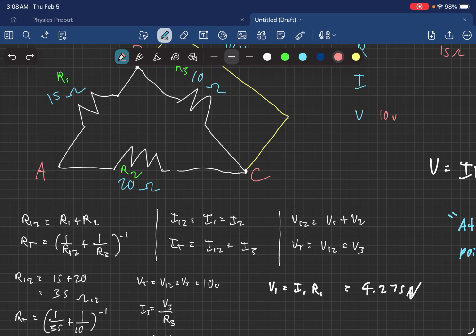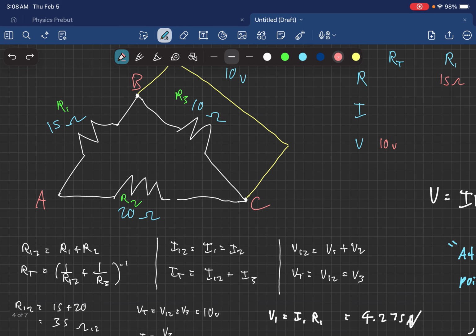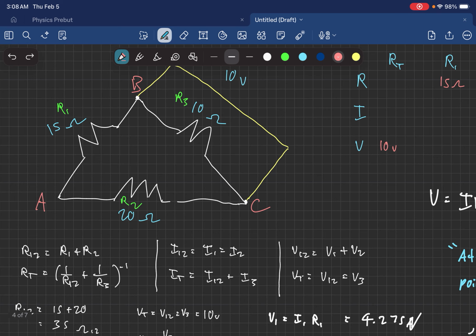Alright, simple. Our next equation that will help us solve the whole thing is we can get our R total, so you can get the entire resistance of the entire circuit. Remember, we're adding this to this, but this is in parallel, so we have a parallel connection.